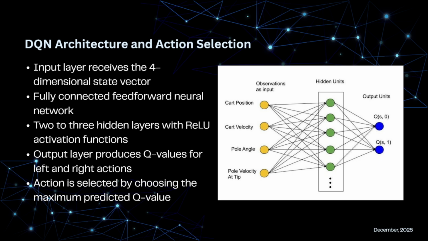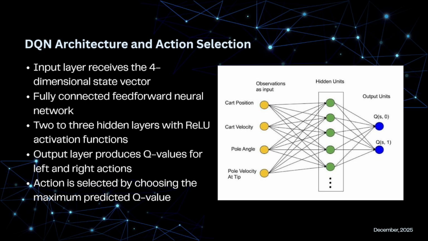Now I'm going to show you the last part, which is DQN architecture and action selection. Using ReLU in the hidden layers, the deep Q-network is implemented as a fully connected feed-forward neural network.